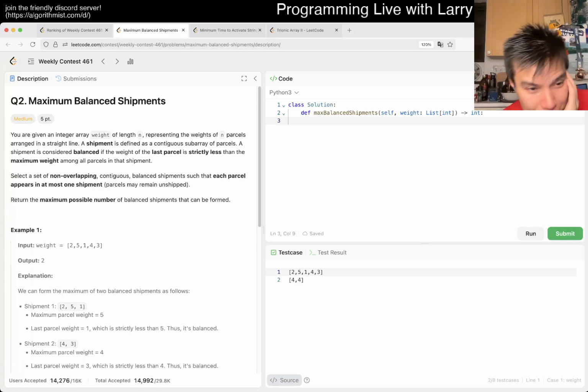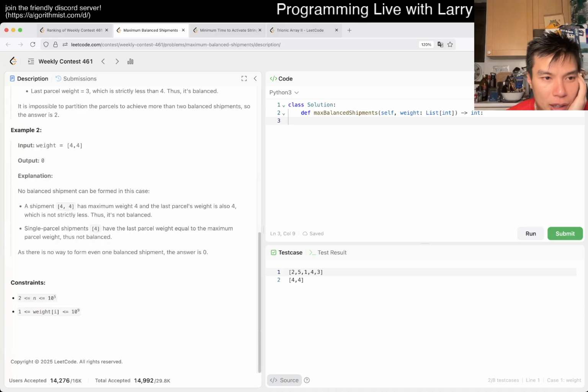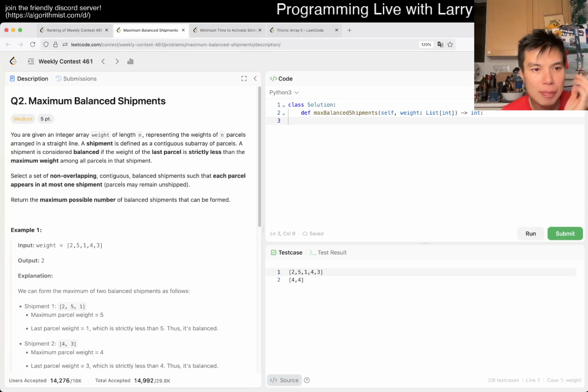Maybe I'm not reading this right. They just have to not overlap, but oh, I see. Is it always just like 2 elements?